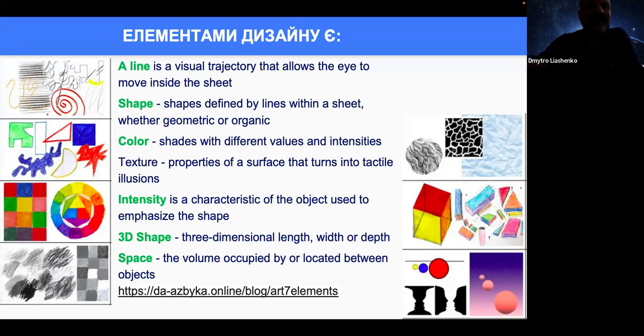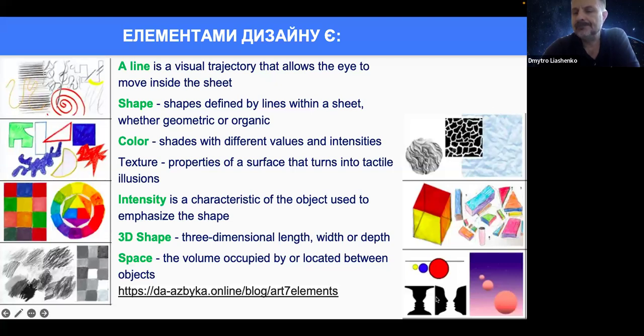Here you can see elements of graphical representation. It's of course lines, shapes, colors, textures, intensity of color, 3D shapes, and space as a volume occupied by or located between objects.